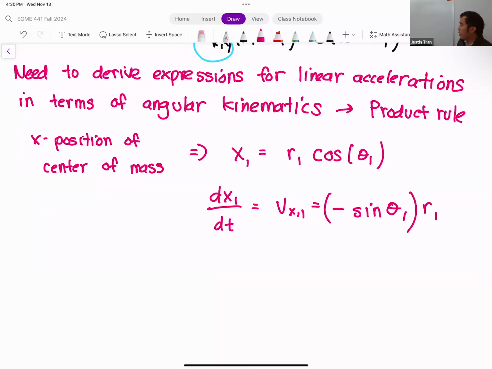Okay, so we have R1. R1 is just a constant that's just along for the ride. But theta1 here, remember, that's the ankle joint angle, right? We know that since this entire body is in motion, theta1 here is also going to change with time.